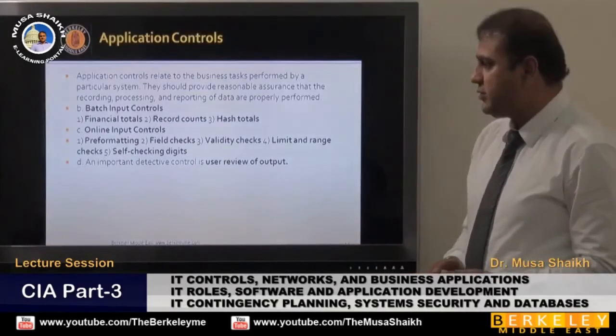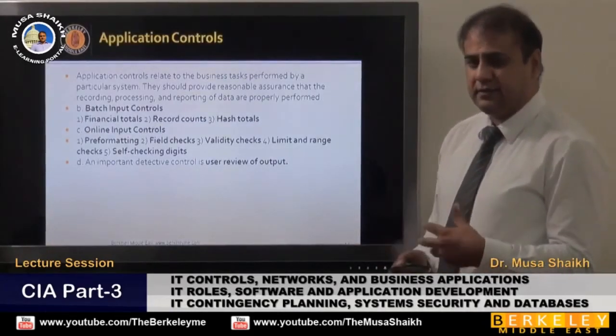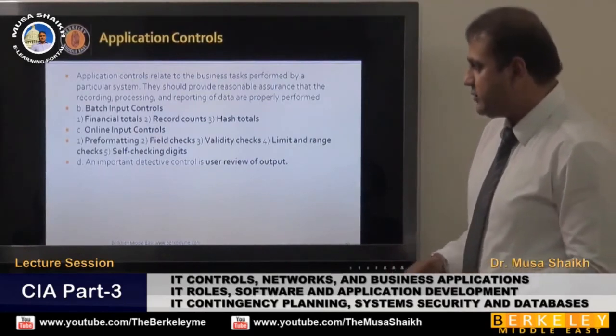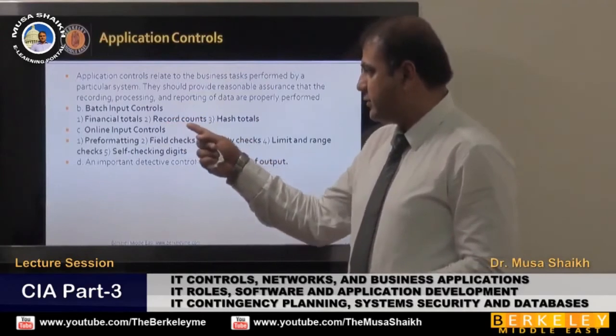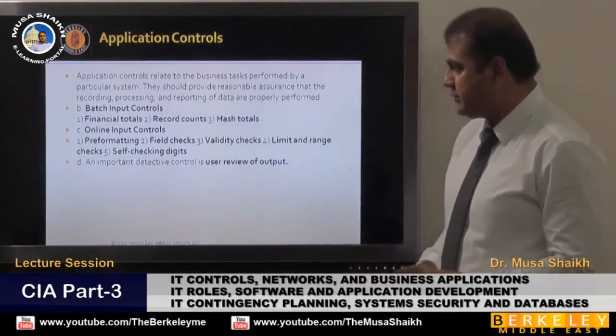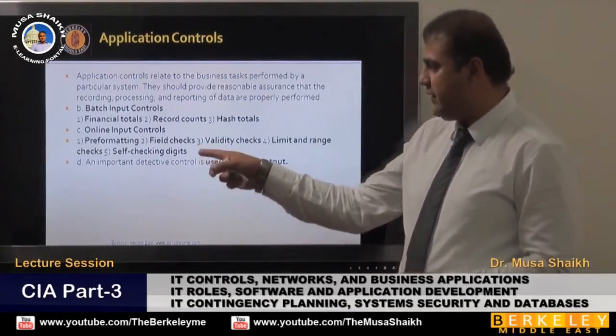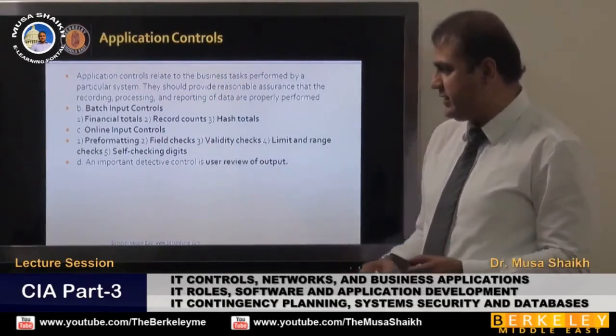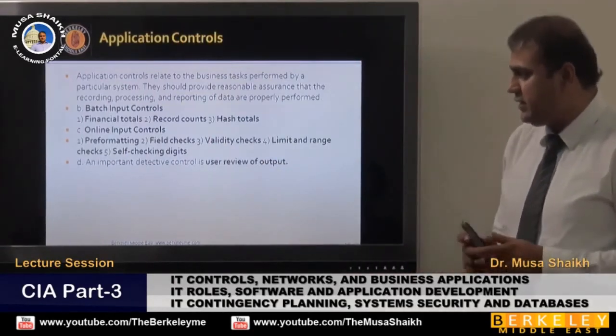The application control is when you are going to apply some software, some processing. So input controls: financial total, record counts, hash totals, online input controls like pre-formatting, field checks, validity checks, limit and range checks, self-checking digits.